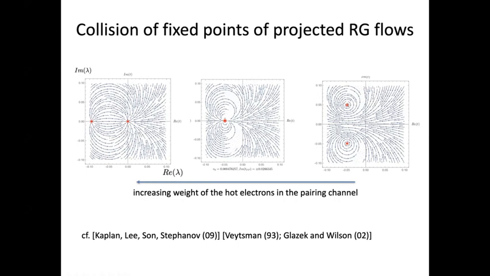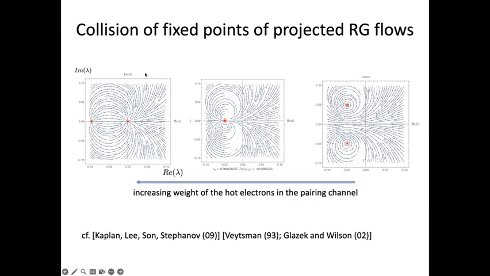Because the coupling function is infinite dimensional, it's hard to visualize, but you can look at the projected RG flow in some particular channel. So the RG flows shown in these three graphs represent the flow of the Hermitian and non-Hermitian components of the coupling function in some particular channel.